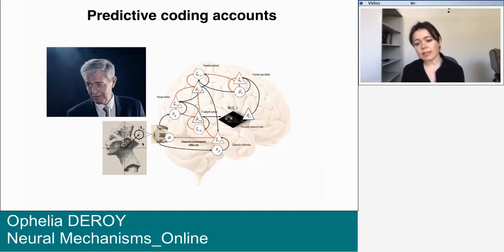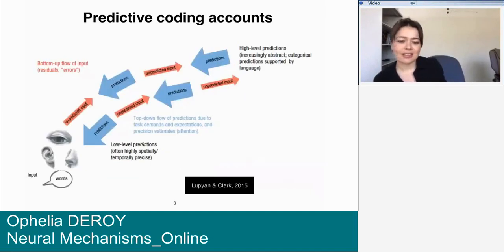What you will have then is that at every level, the incoming information will be matched to the prediction, and only the difference between the prediction and this incoming information will be fed forward to the next level. Here it's embedded in a diagram of the brain to show that there is a lot of neuroscientific evidence to back this up, but I think that what you can extract philosophically for our understanding of processing in the brain is more like the sketch that you can borrow from Lupyan and Clark.